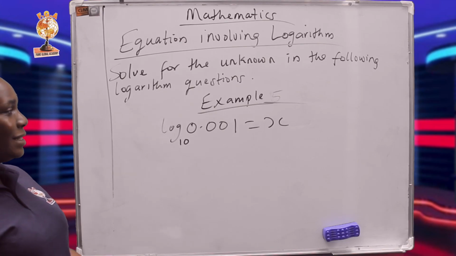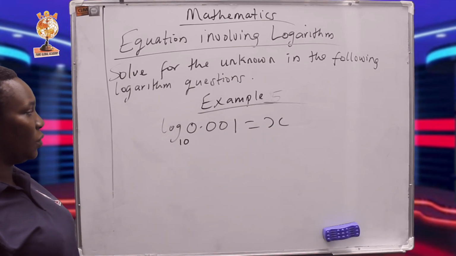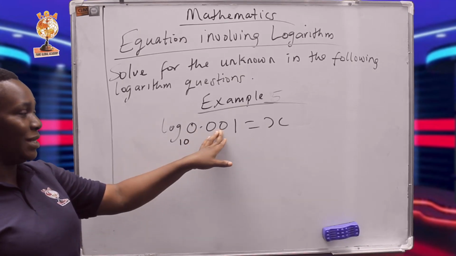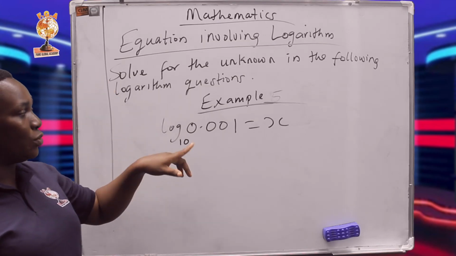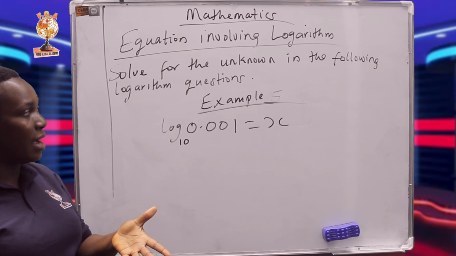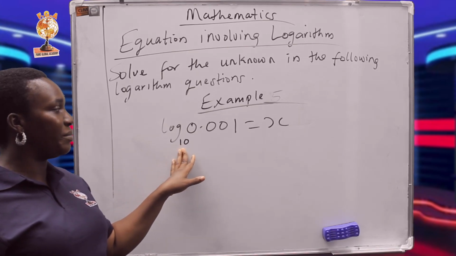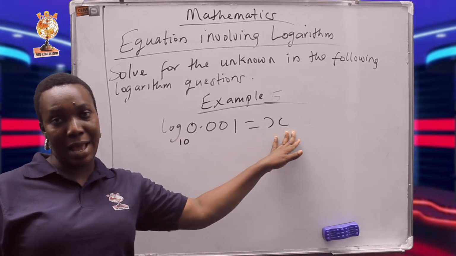You can see that the x now, the unknown, is appearing as the answer. It's not the logarithm itself and it's not the base. Remember example 1 and 2, the unknown was appearing as the logarithm. Example 3 and 4, the unknown was appearing as the base. But in this example 5, the unknown is appearing as the answer.